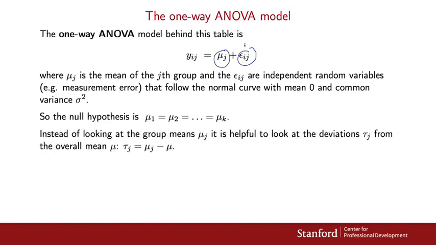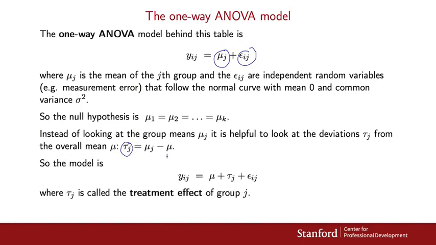Instead of looking at these treatment means mu j, it's common to look at deviations from an overall mean mu. That deviation is called tau j. It's simply the difference of the jth treatment mean from the overall mean mu. So if we rewrite that model, we get that an observation yij is a sum of the overall mean mu, the treatment effect of the jth group, and the error term epsilon.